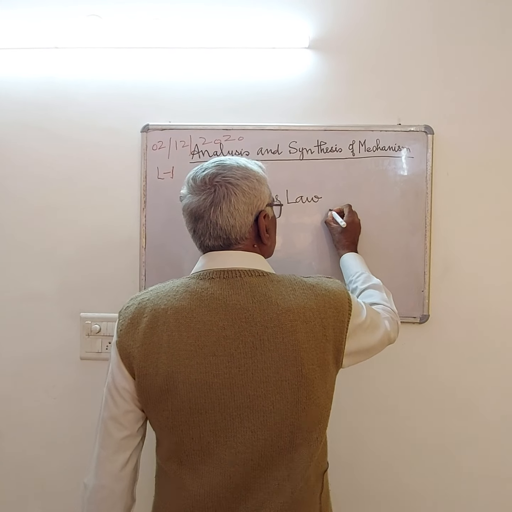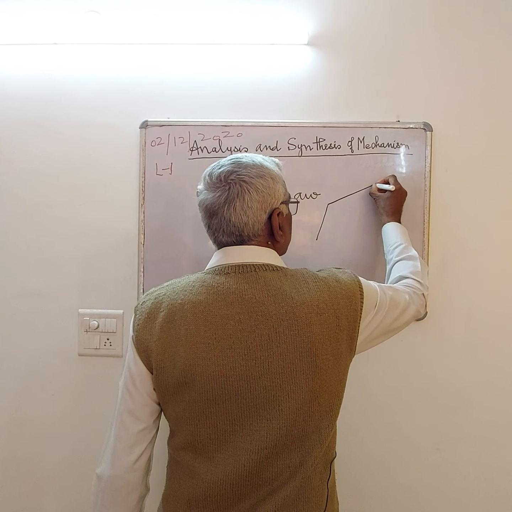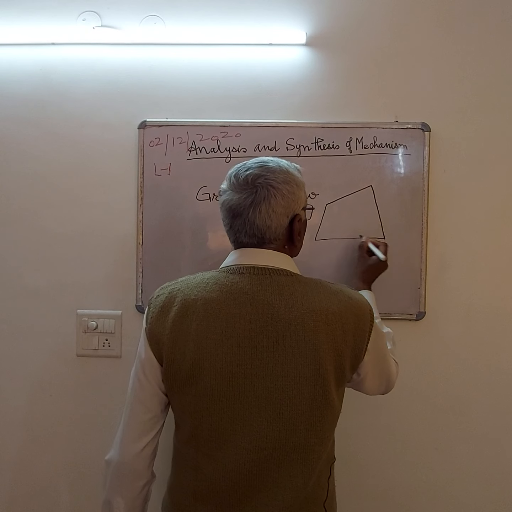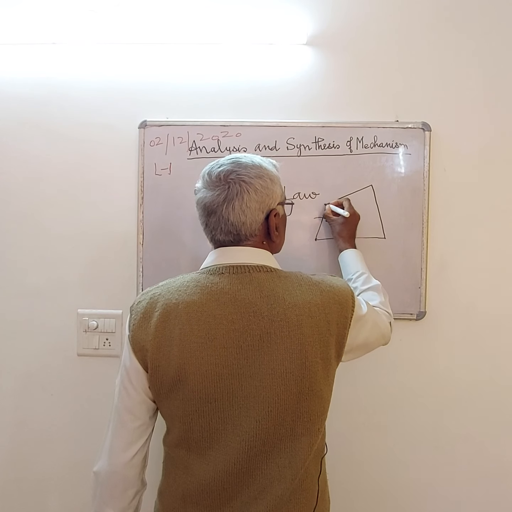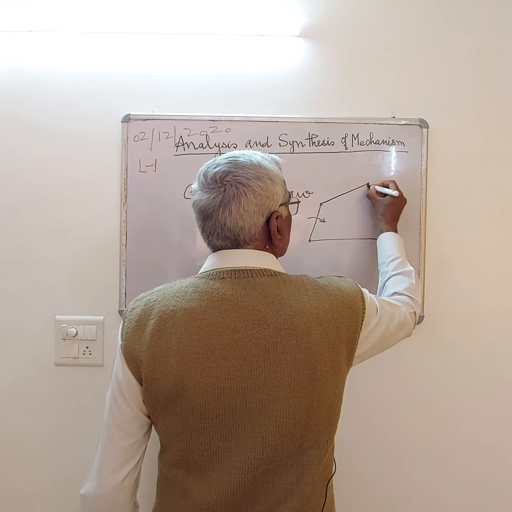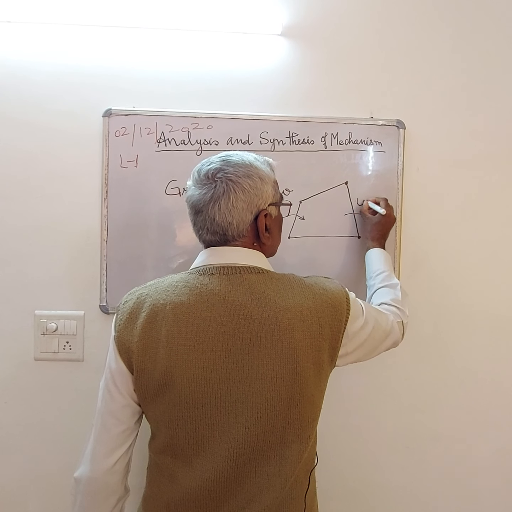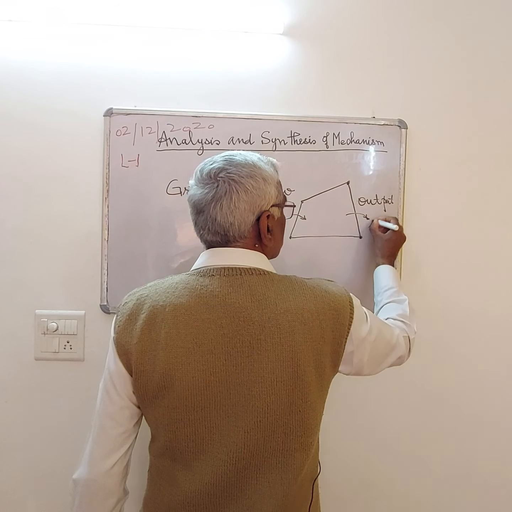If a 4-bar linkage is given like this, one of the links is known as input link. This is input link, and this is known as output link.